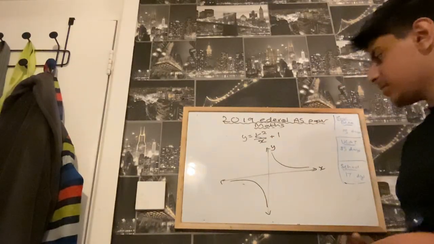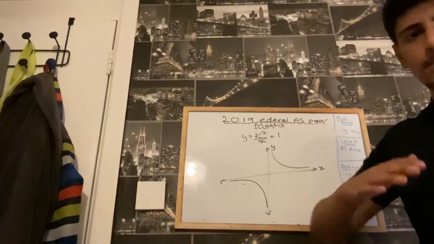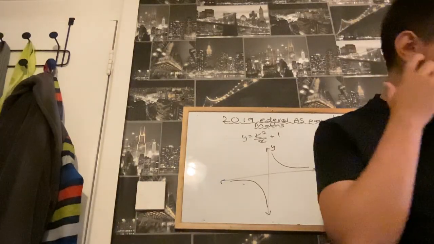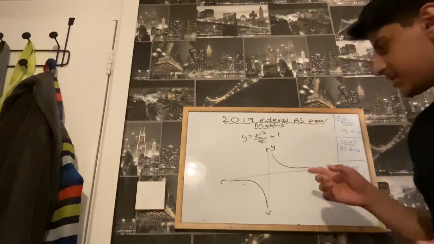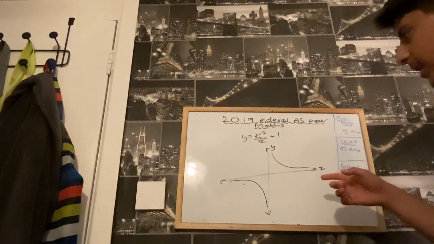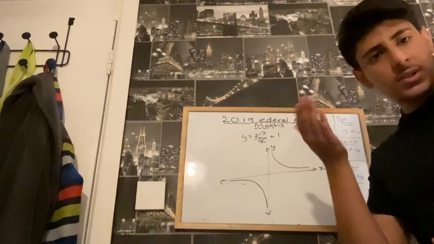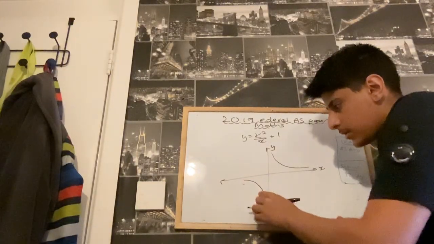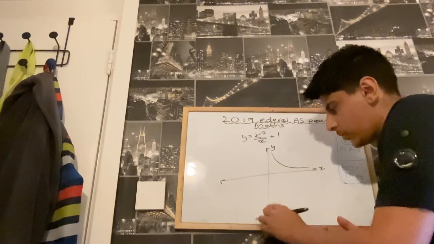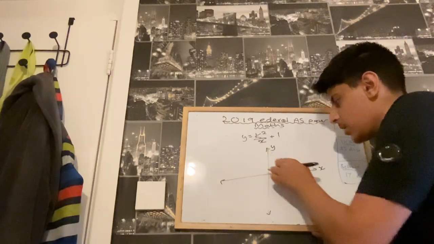And now it's asking us for the horizontal asymptote. So it says sketch C stating the equation of the horizontal asymptote. So this is a sketch of C. Now it's plus 1, so we elevate it by 1, it's not with the x. This should be a rule that we all should know.